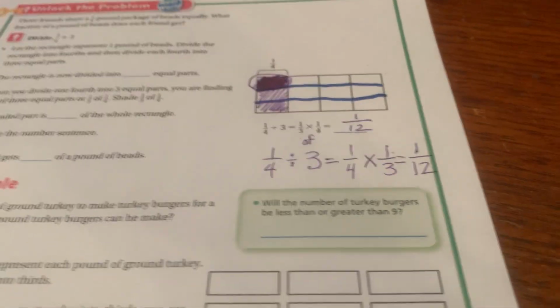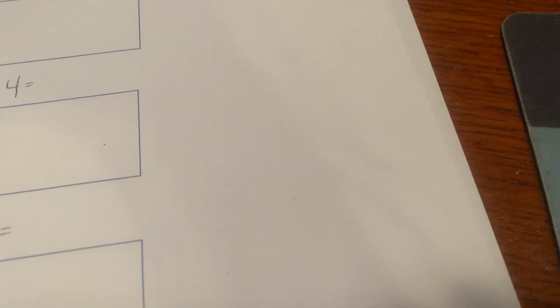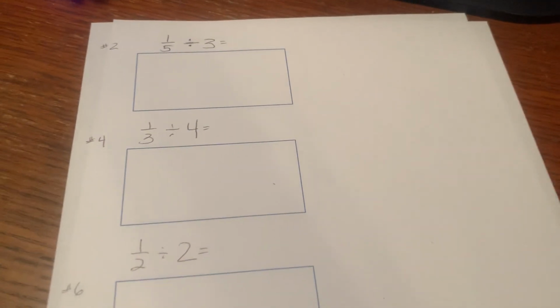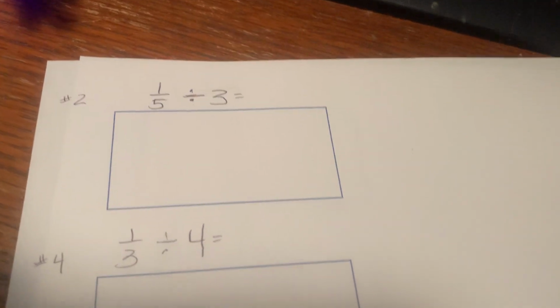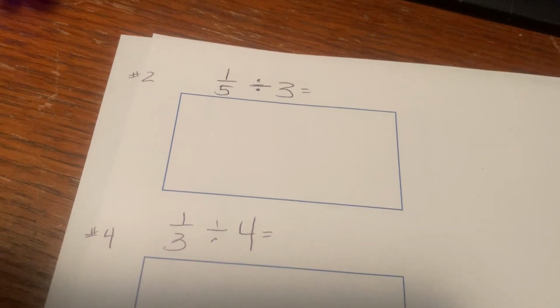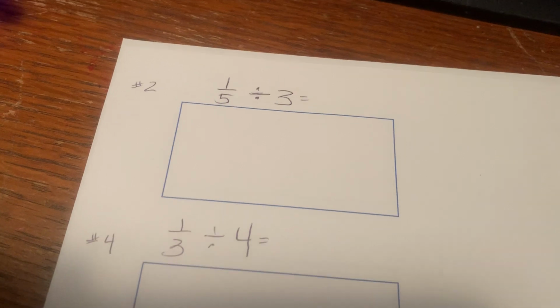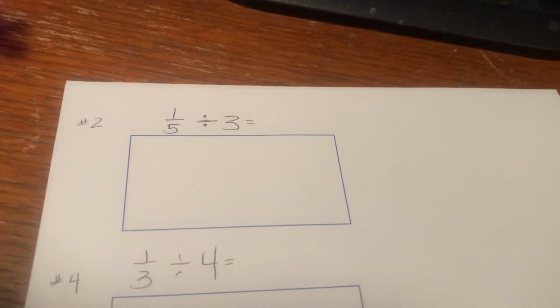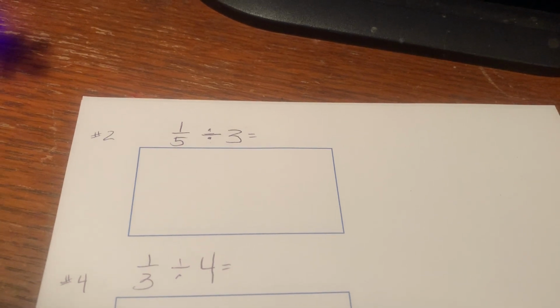Okay, so we're going to try some more models and see how we do. And if you'd like to work alongside me, I am working on page 515, I believe. All right, and this first problem is 1/5 divided by 3. So we could think about a story to go along with that.